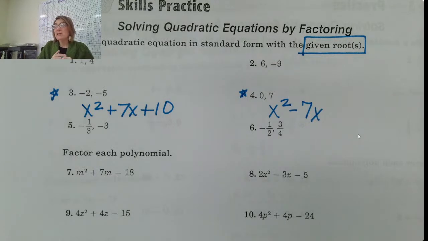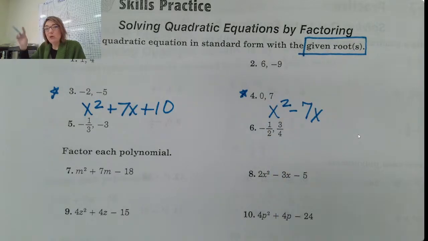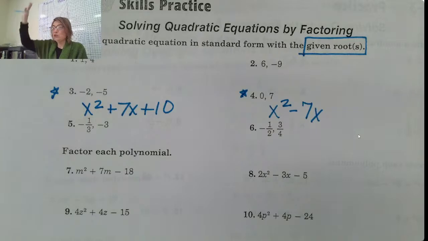Did you get x squared minus 7x? Yes, it is minus. And I will tell you that I also messed up, and when I did it, I did not put minus either. But that's a positive 7, right? So x equals 7, so the binomial is x minus 7, because you have to move that 7 from one side to the other, right?